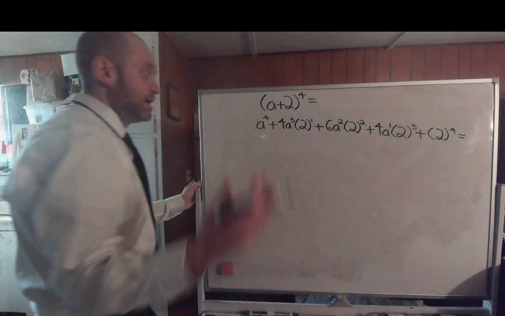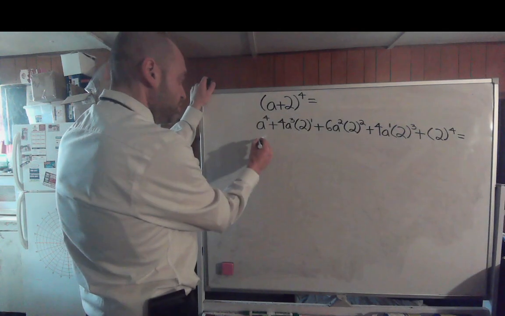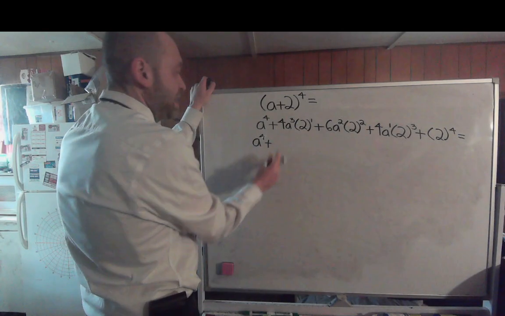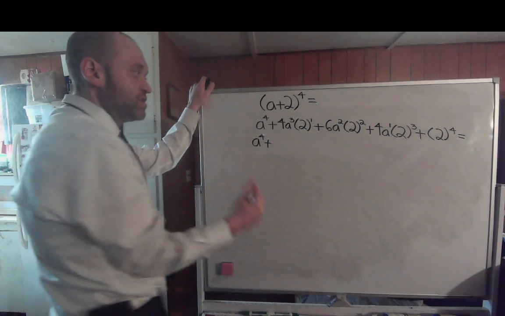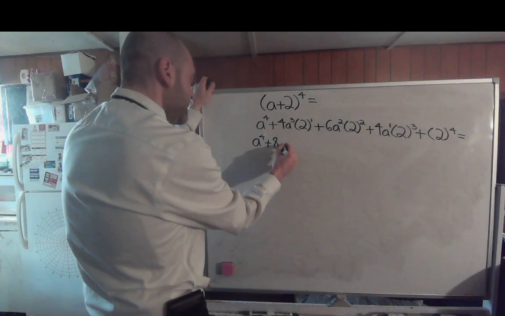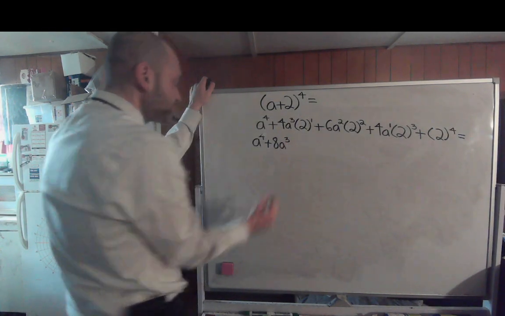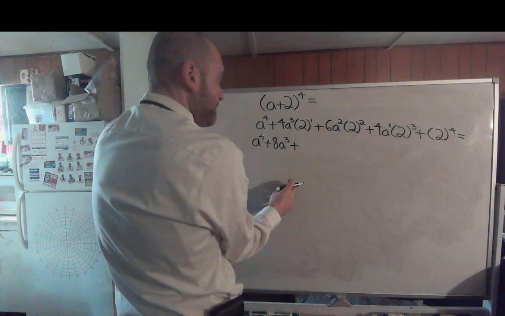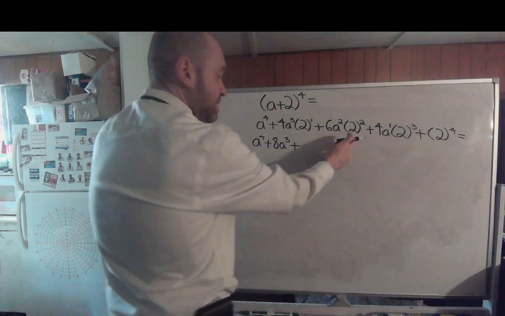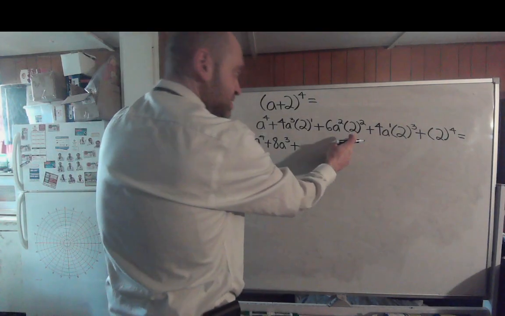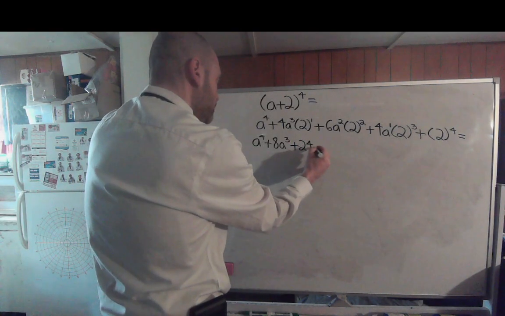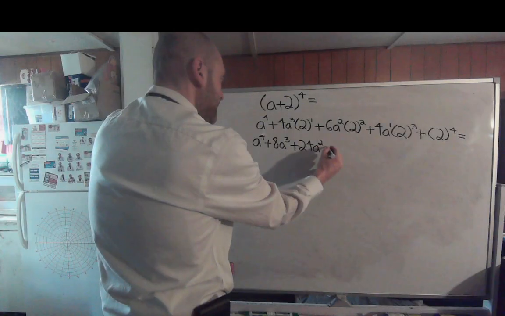And now we can simplify this. So you would end up with a to the 4th, plus now you have 4a to the 3rd times 2 to the 1st. So that would give you 8a to the 3rd. Plus, you'll end up having 6a squared times 2 squared. Well, 2 squared is 4 times 6, that's 24. So you would get 24a squared.